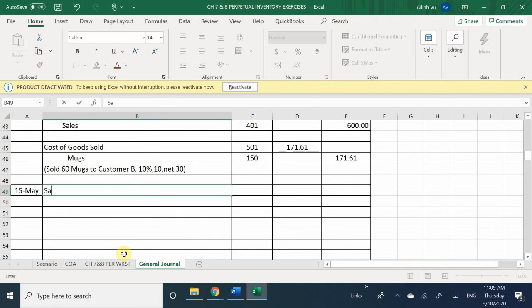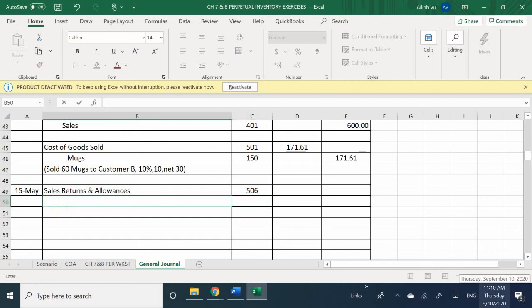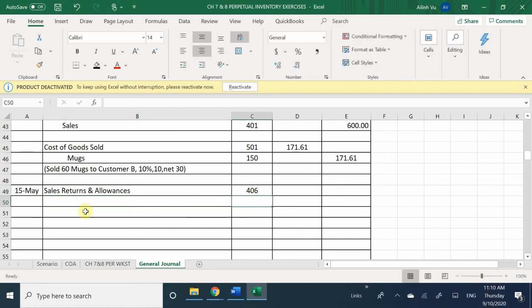So sales returns and allowances for 406. And what are we decreasing?